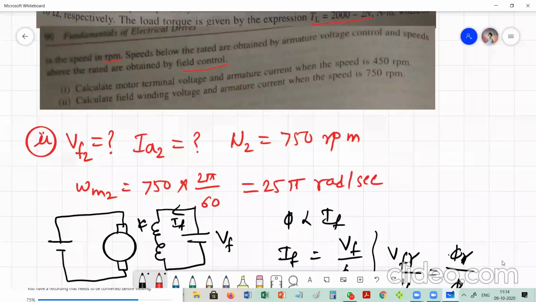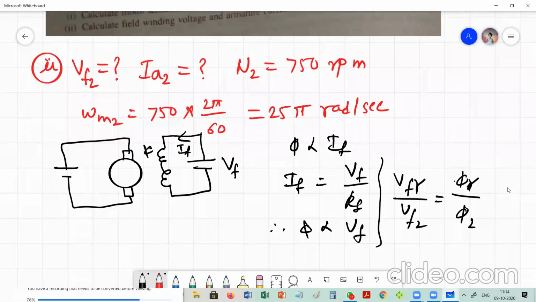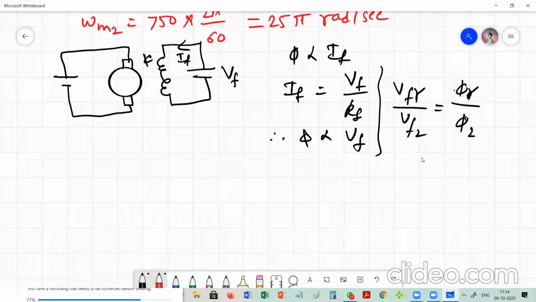So to calculate the field voltage we have to calculate flux. We will see how we can calculate that. I can rewrite the equation Vfr by Vf2 is equal to phi r by phi 2 like this: Vfr by Vf2 is equal to Ke phi r by Ke phi 2.